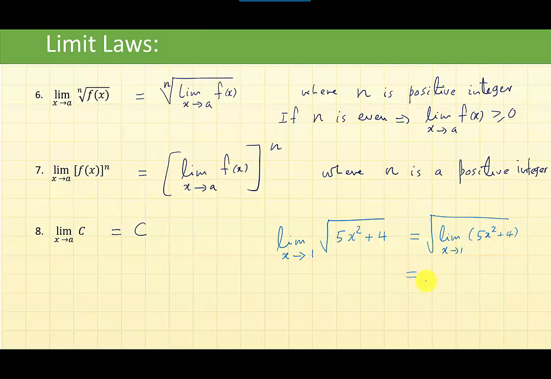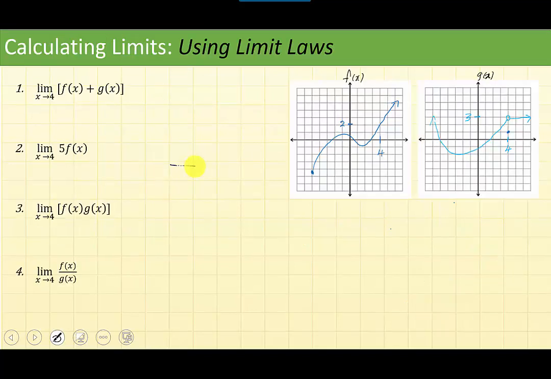As x approaches 1, 5x squared plus 4 approaches 5 times 1 plus 4, or 9. So the square root of 9 is equal to 3, using limit laws.